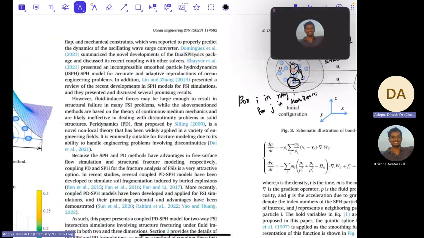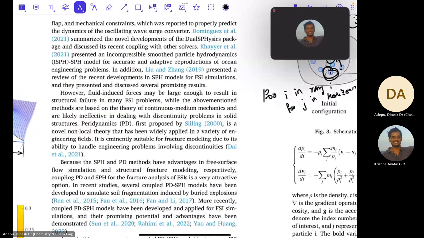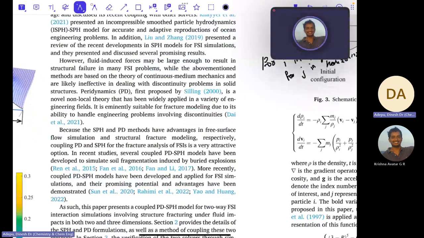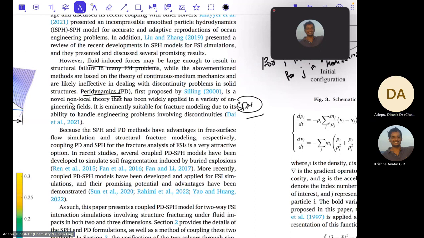Then he says peridynamics and SPH and other numerical methods are being coupled, but not SPH with peridynamics. Here he says peridynamics is good for fracture problems when the forces are large enough for failure, because SPH can't handle that.